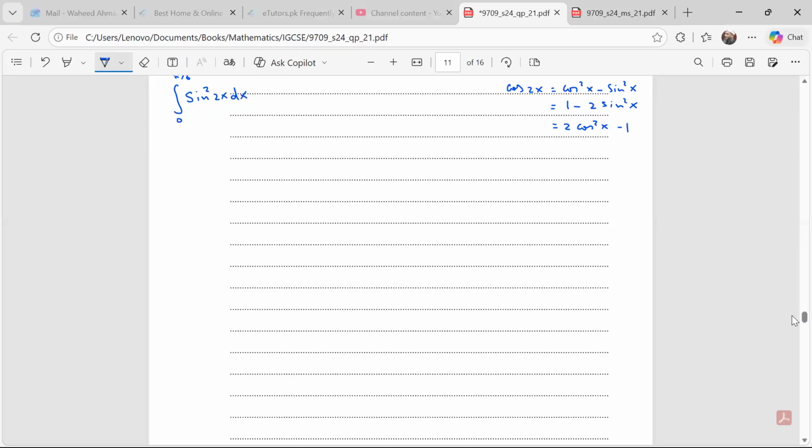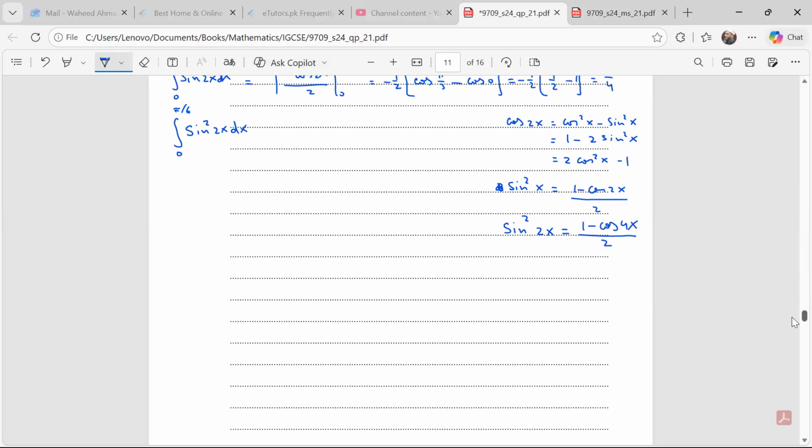So these are the three formulas we have for cos 2x. I will use the middle one. So 2 sine squared x is equal to 1 minus cos 2x, and I can divide by 2 to get rid of this 2. Now, if I have sine squared 2x, since the angle is doubled, it will become 1 minus cosine of 4x, over 2. So this is the thing I will use to solve my integration.